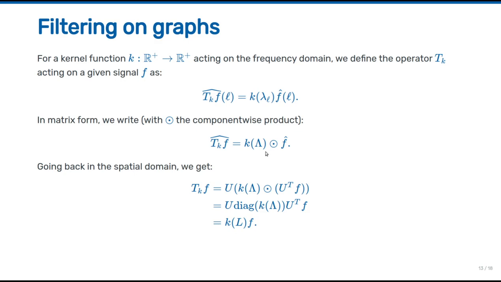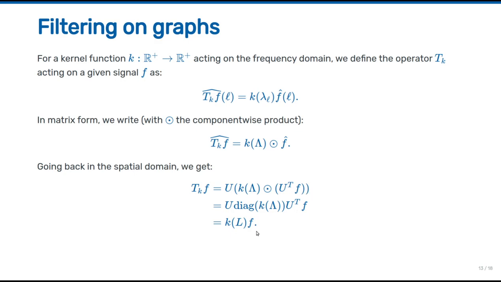in the frequency domain. So now if you want to understand what the convolution is in the spatial domain, well, you need to go back and forth in the frequency domain. So this is with the U and U transpose operations. So here you are taking your original signal, you are putting it in the frequency domain, you are applying your kernel, and you are back in the spatial domain with this last multiplication.